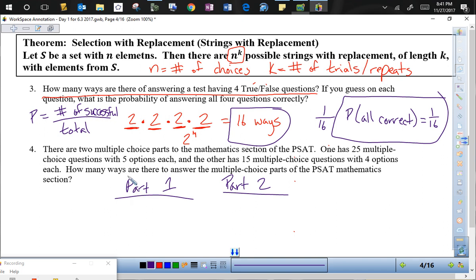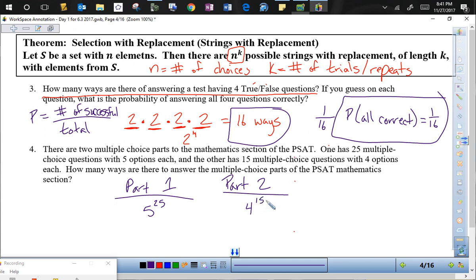Part 1 has 25 questions with 5 options, so our choices, our n, is 5, and we're repeating it 25 times. Very similarly on part 2, we've got 15 multiple choice questions, this time with 4 options each. So our choices was 4, to the power of 15.